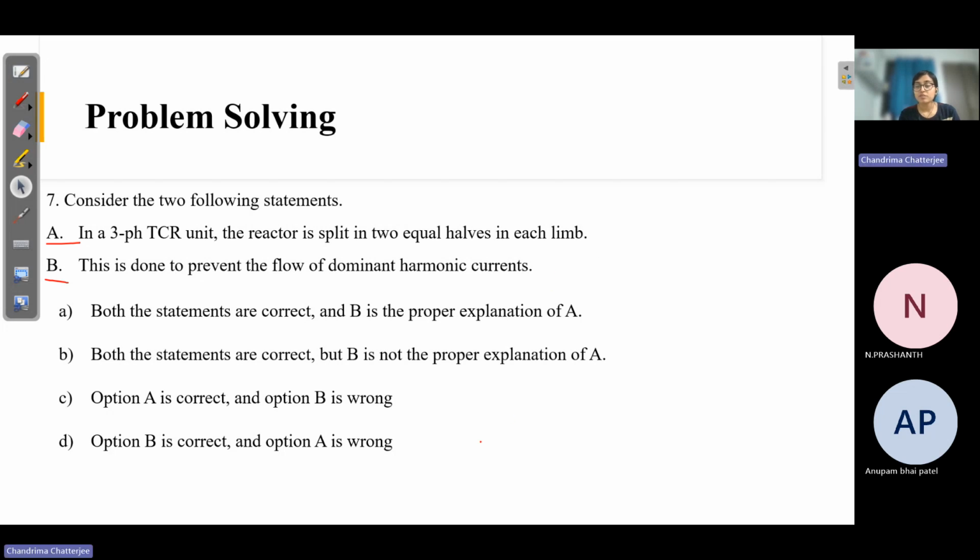Now, if you see each limb of the delta connection, the reactors are connected like this. This will be the reactor. In between, there will be the thyristors. The thyristors will be connected like this, and here it is in opposite direction.